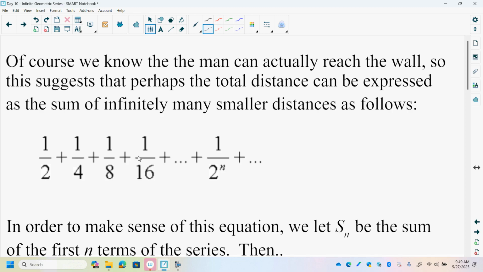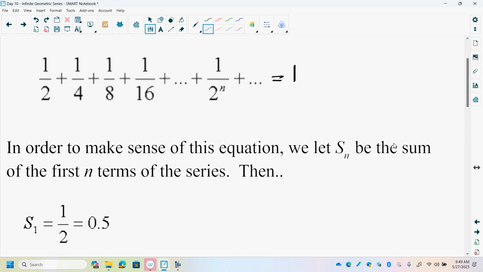What would happen if I start to add all of these terms up? We should be able to get the total distance, which we'll say is 1 unit. And in order to make sense of it, let's look at it. If I want the sum of the first term, that would be 0.5 or 1/2.